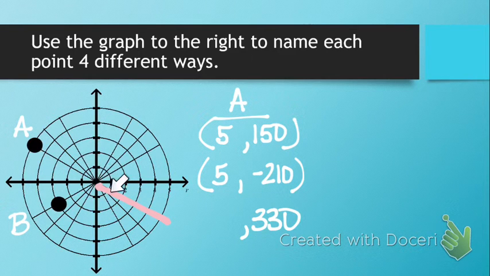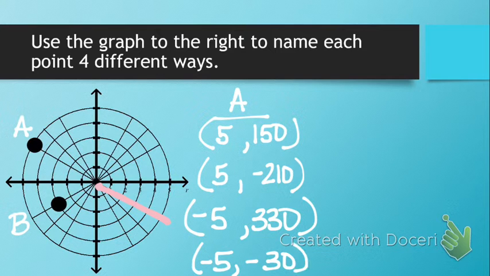So I will have to rotate to 330, and then because I would have to go backwards 5 to get to this destination, that would be a negative 5. And then also I can name this as negative 30. So I can use a negative angle and a negative radius.